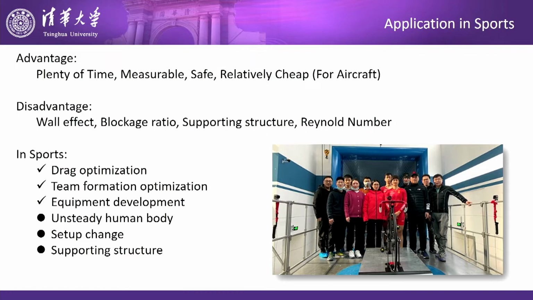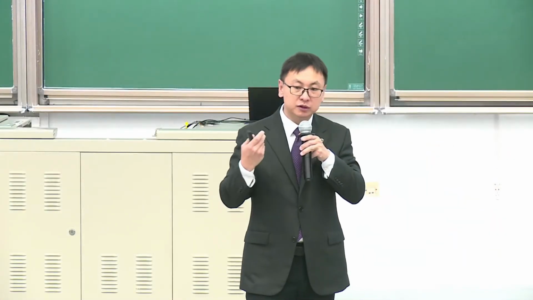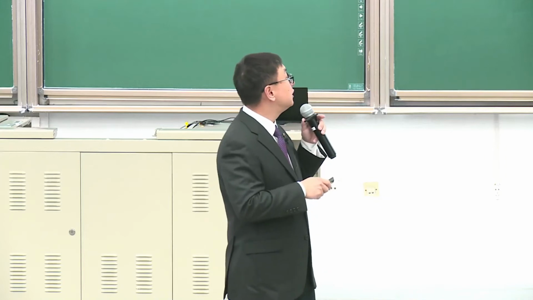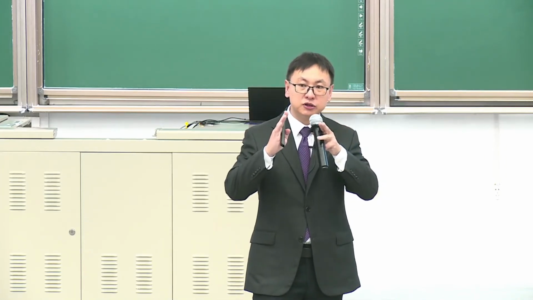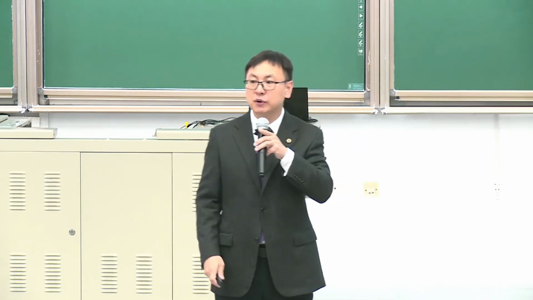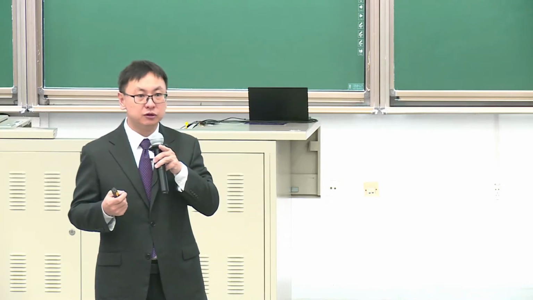Okay, the disadvantages. First, the wall effect, which is actually a problem for all wind tunnels. We have to consider it because near the wall, the wind speed is not accurate. The second is the blockage ratio, because the human body's projected area is quite large compared to some early built wind tunnels.